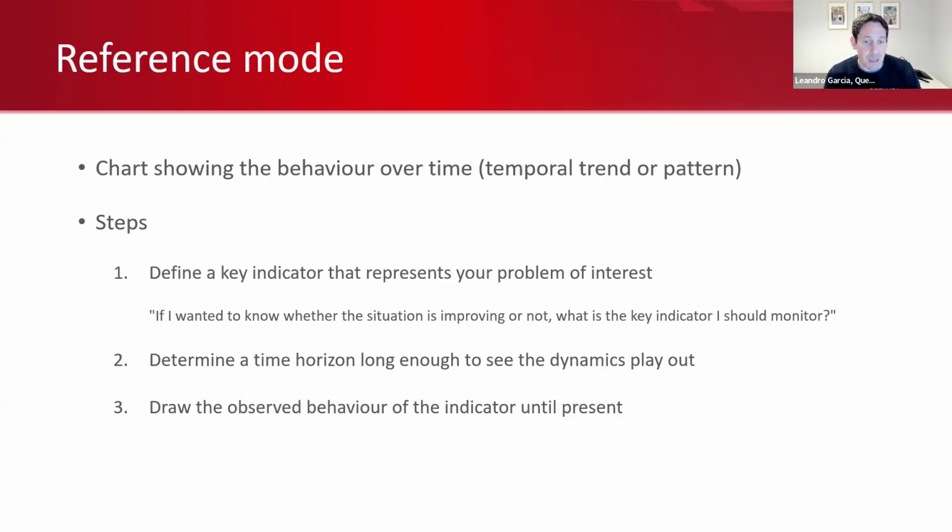If you don't have data, the key thing here is that you draw the line that represents the pathway or the expected time trend. So it's much more important that you know the shape of the line, the shape of the trend, more than the exact values, okay?